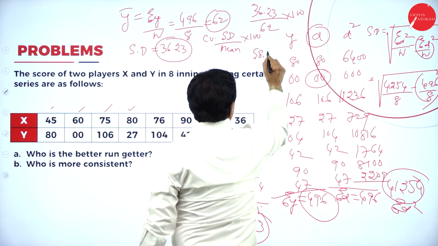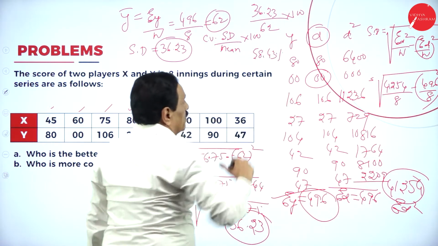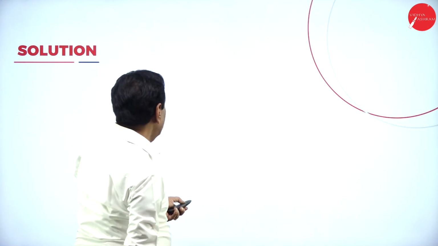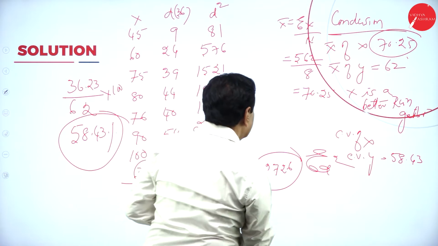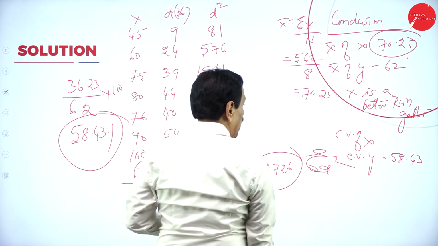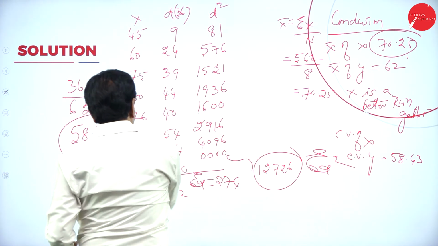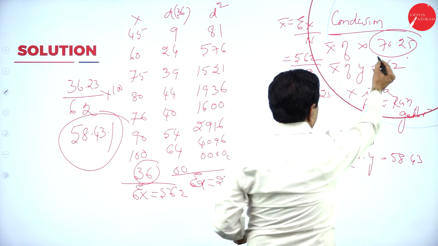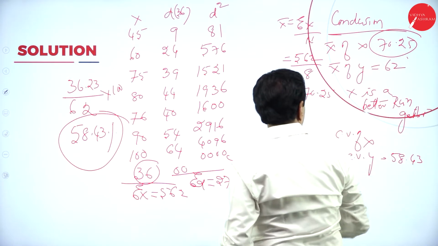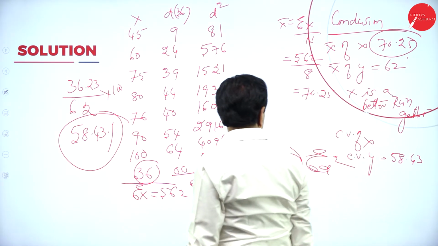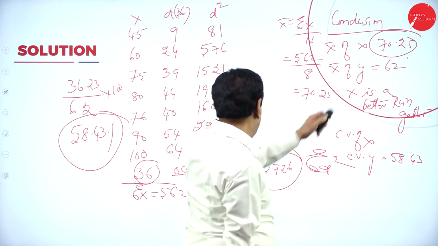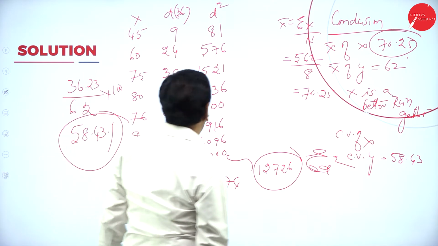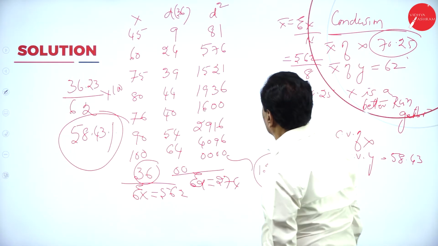Then we'll go to the next one, regarding X. Conclusion: whose mean is more? X mean is more. It is 70.25. That goes in favor of X.